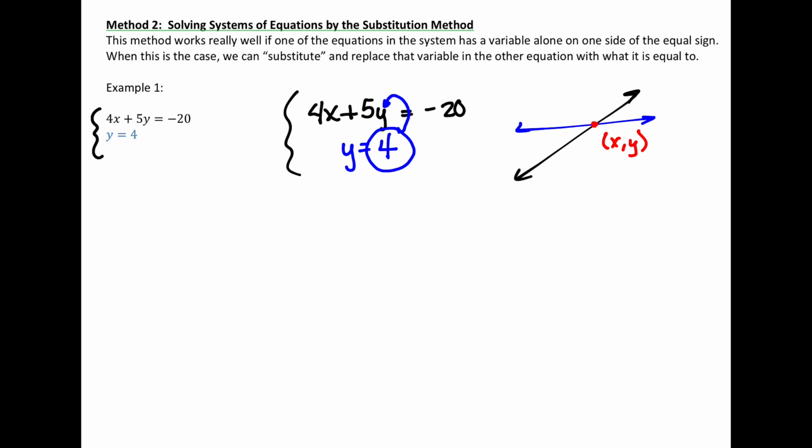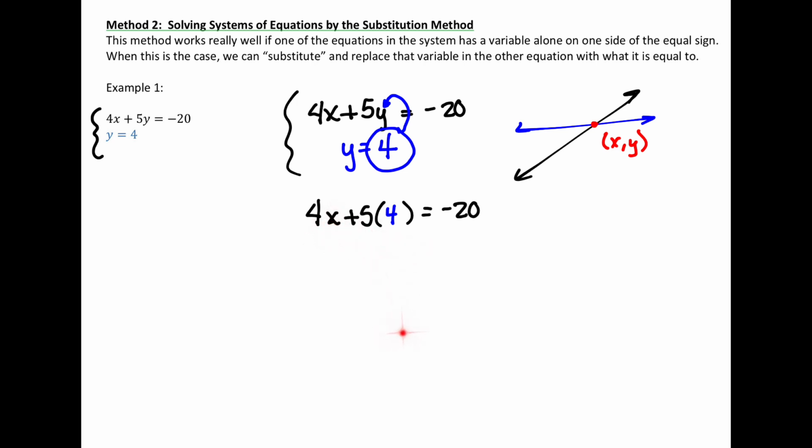So that becomes 4x plus 5 times 4, and then that's equal to negative 20. And if you notice, now we only have one variable, and we can solve for x.